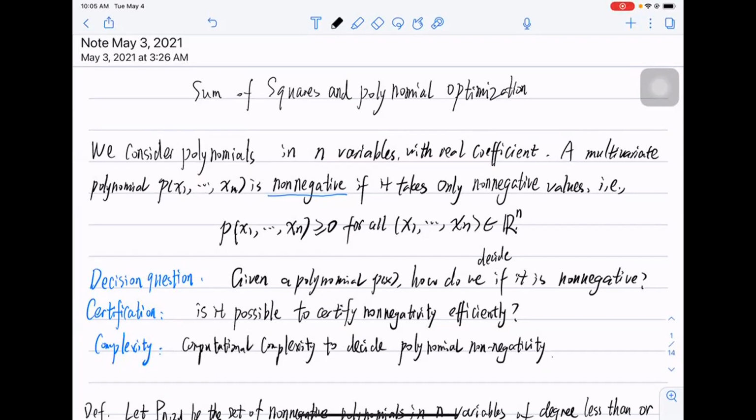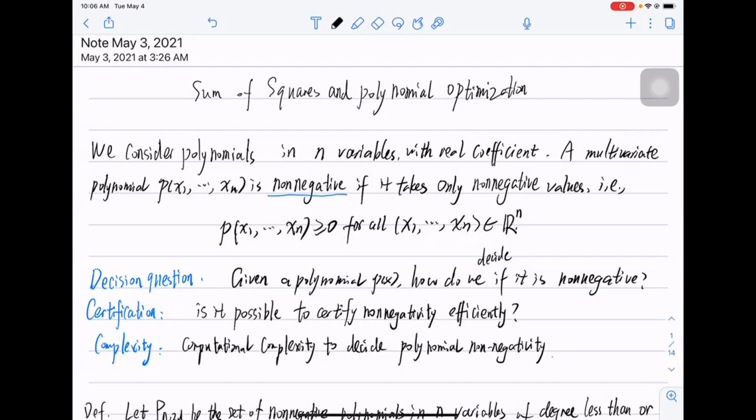There are three types of questions. The first is the decision question: given a polynomial p(x), how do we decide if this polynomial is non-negative?